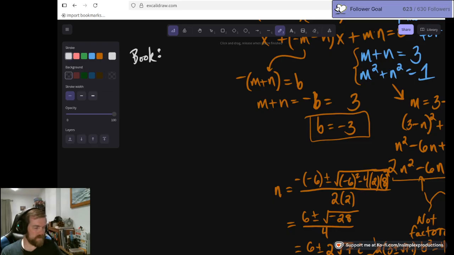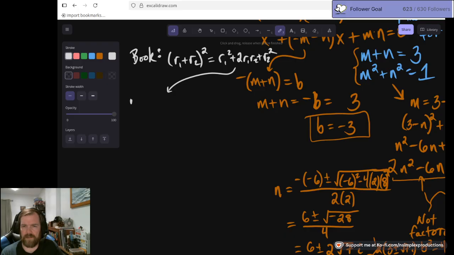So what they used was that r1 plus r2 squared is equal to r1 squared plus 2r1 r2 plus r2 squared. Then they said that r1 squared plus r2 squared is going to be equal to, shift the extra term over, r1 plus r2 squared minus 2r1 r2.